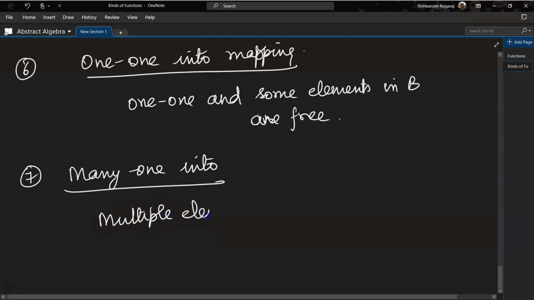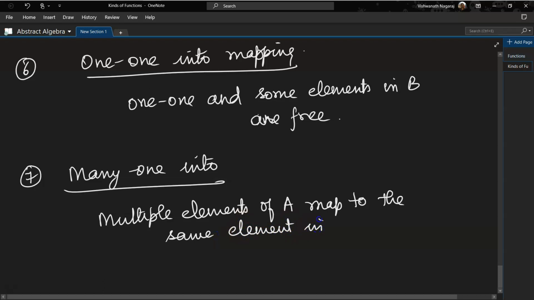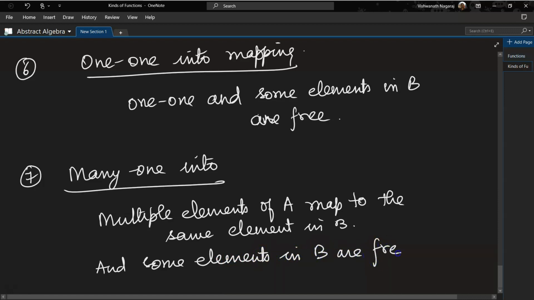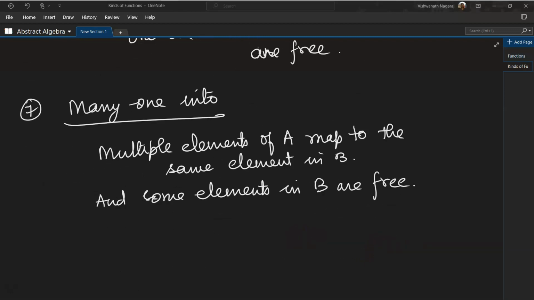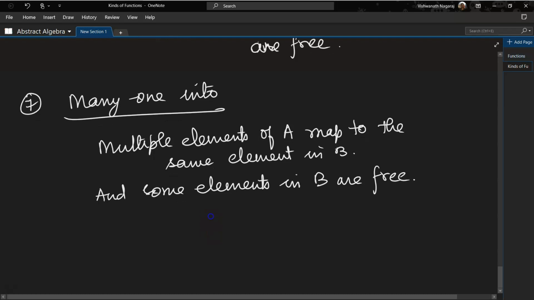Multiple elements of A map to the same element in B and some elements in B are free. That means without any association. So these are the different kinds of functions. That's it.